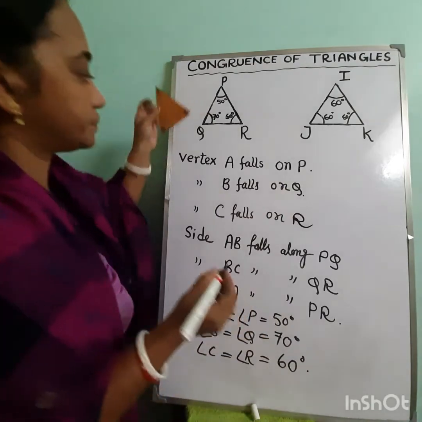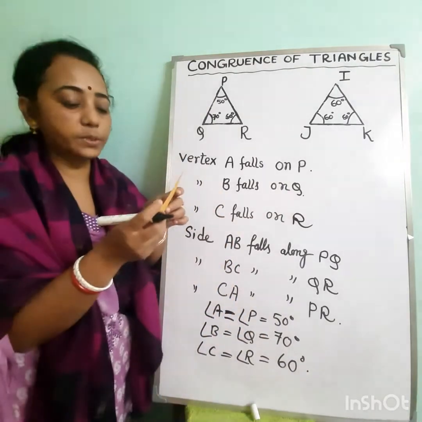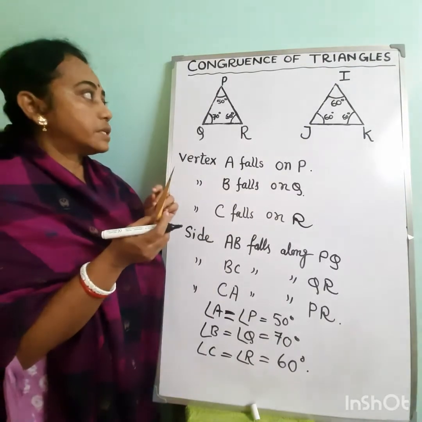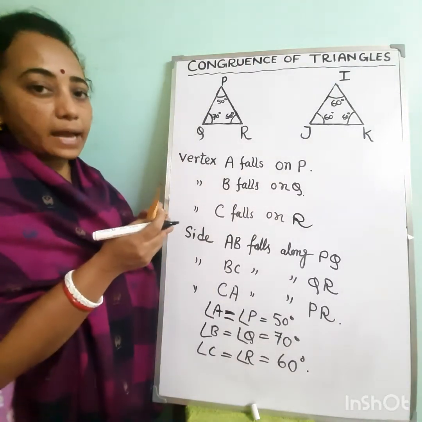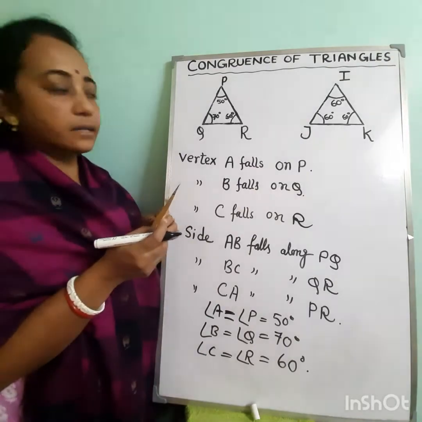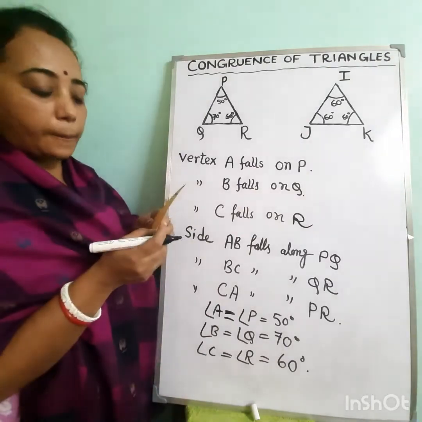So here we can observe that if triangle ABC covers triangle PQR exactly, then their corresponding sides and angles are equal.